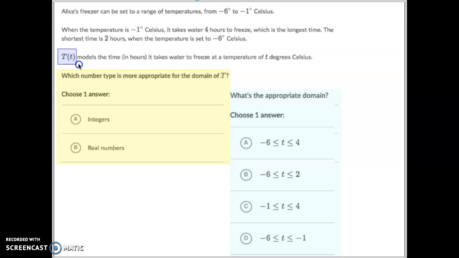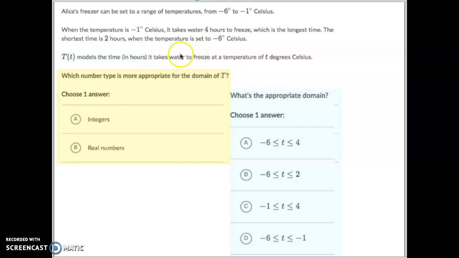The T of t, which again would be your outcomes or your y coordinates, models the time in hours. So hours is your outcome. It's how long something took to freeze at a temperature of T degrees. So temperature is your domain. How long it took to freeze is your range.